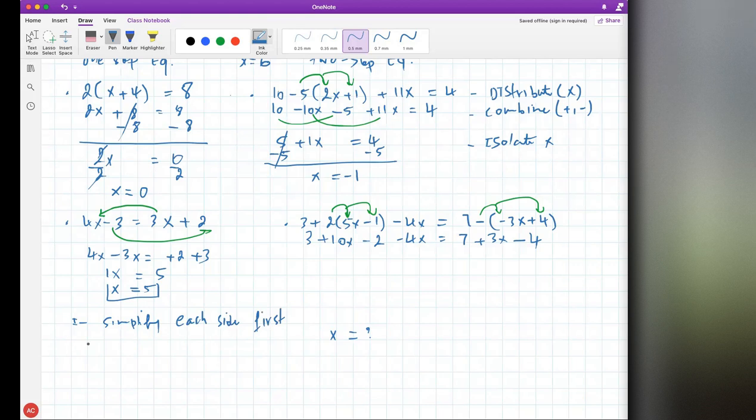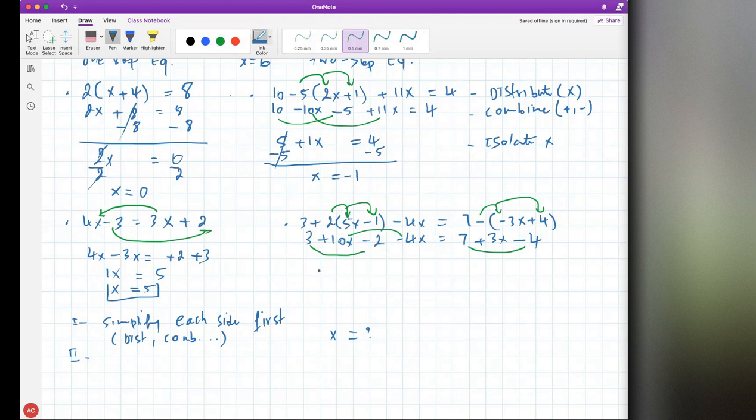And that includes distribute and combine, just like this. That's the first step, so let's finish that step first. Let's combine like terms. So we're combining these two with these two. Also on the other side, you can combine these two numbers.